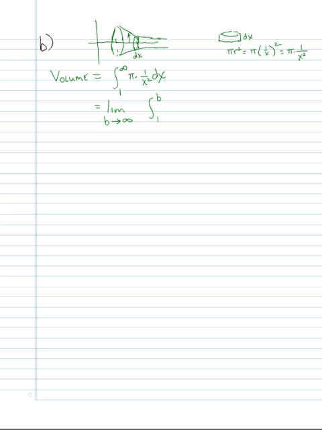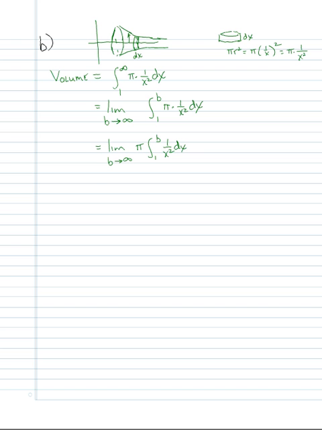The integral of pi times 1 over x squared with respect to x. In this definite integral, that pi is a constant, isn't it? So we'll factor that pi out and just worry about the integral from 1 to b of 1 over x squared.